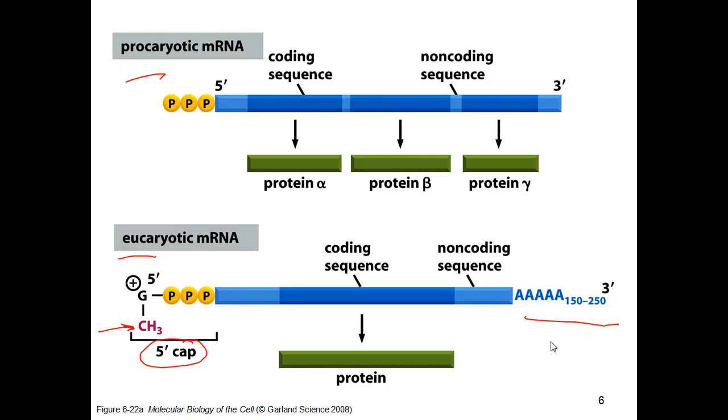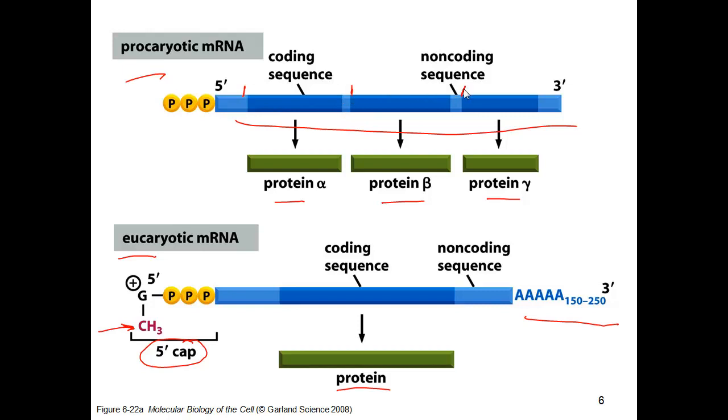Eukaryotic mRNAs almost exclusively code for a single protein, one of the biggest differences between prokaryotic and eukaryotic mRNAs. With prokaryotic mRNAs, a single mRNA transcript can code for several proteins, referred to as a group of genes in an operon. In this example, there will be 3 different translation start sites.